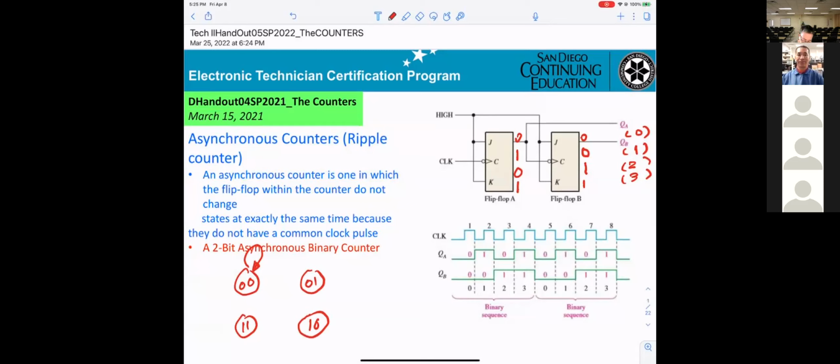When you see you get a 0, 0, that's what they call a state. 0, 0. So if you see the arrow going this way, what happened? What does that mean to you?